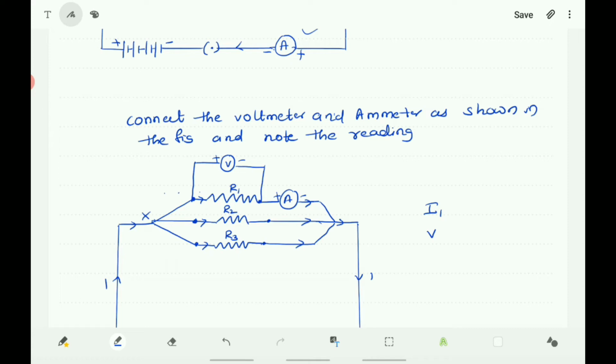So by connecting the voltmeter and ammeter as shown in the figure and noting down the reading, we got a different current. Let us consider that as I1, and the potential difference is the same, that is V only.